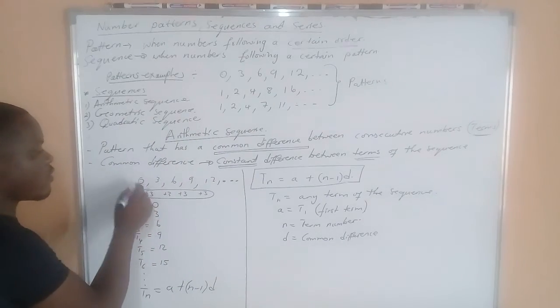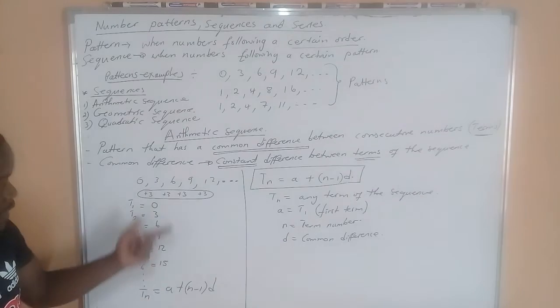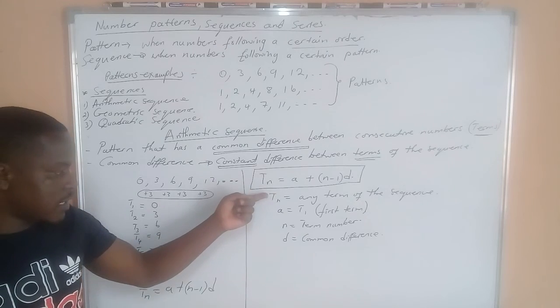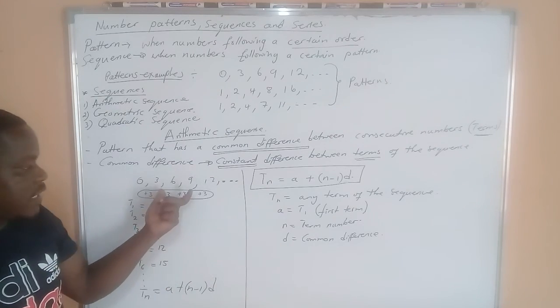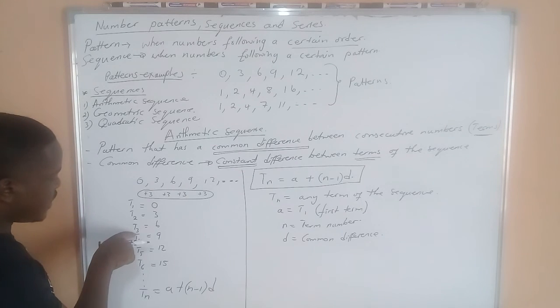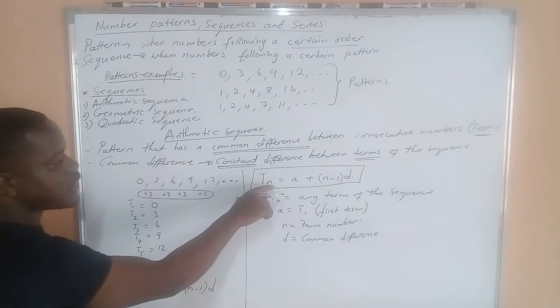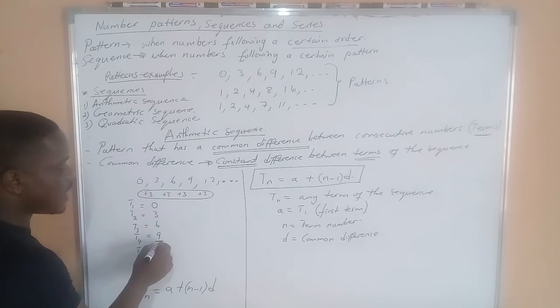So on our given sequence, we already identified that this is arithmetic. Now let's try to find a term of this sequence and prove it from the given terms. Let's start with term 4. Term 4 is 9. We want to make sure that we really get 9.